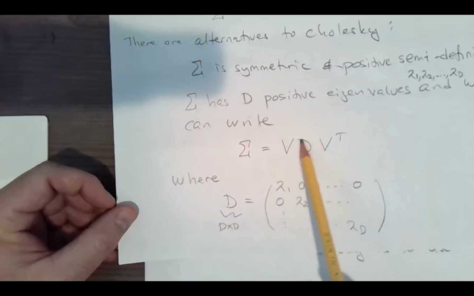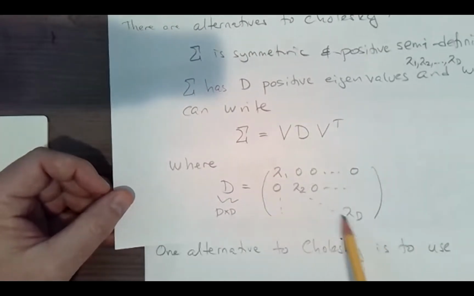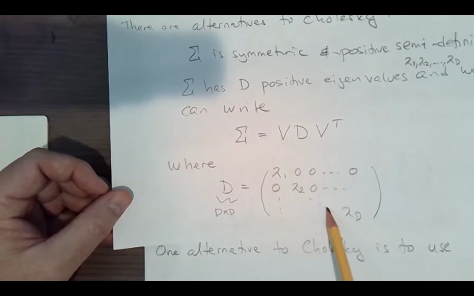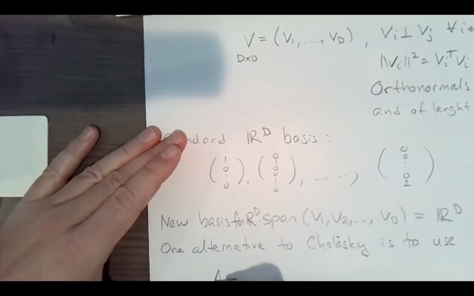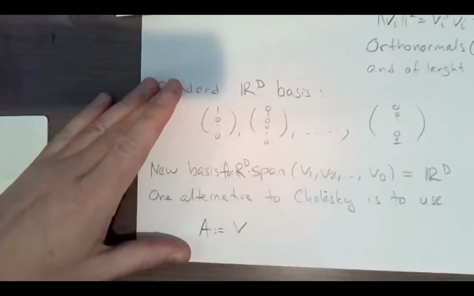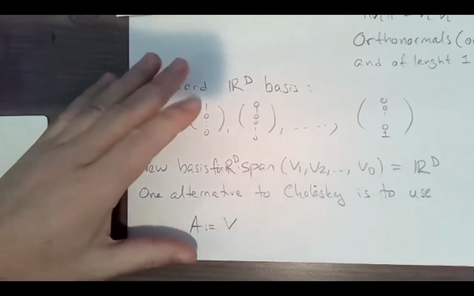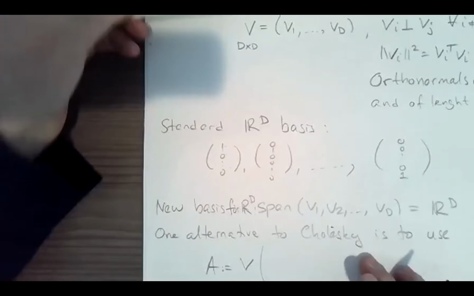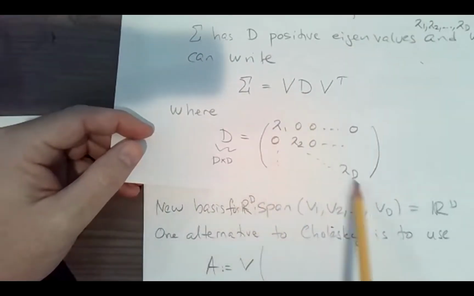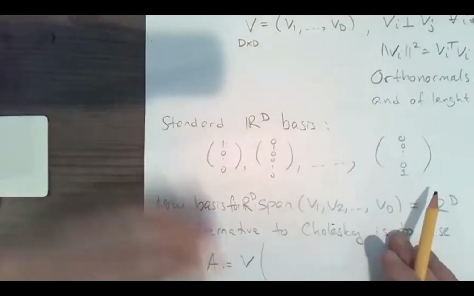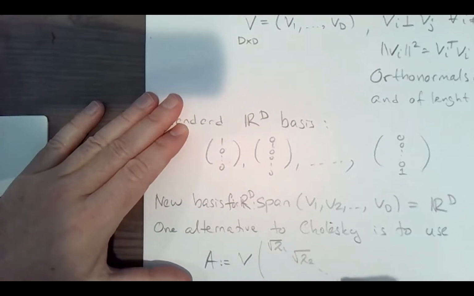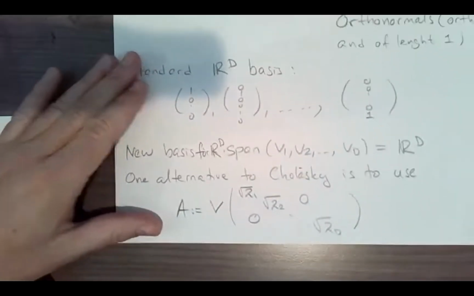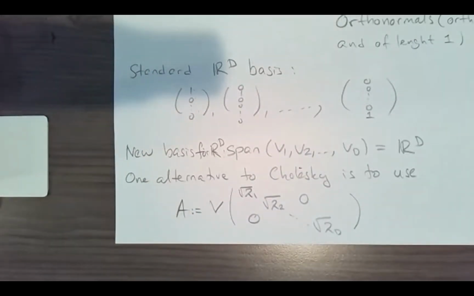We just need to take a square root of D, but that's easy because this is a diagonal matrix with non-negative numbers on the diagonal. So we can write A as V, the matrix of these eigenvectors, multiplied by the square root of D. We put square roots on the diagonal and zeros outside: square root of lambda 1, square root of lambda 2, up to square root of lambda d, and zeros elsewhere. So that's an alternative to Cholesky factorization.